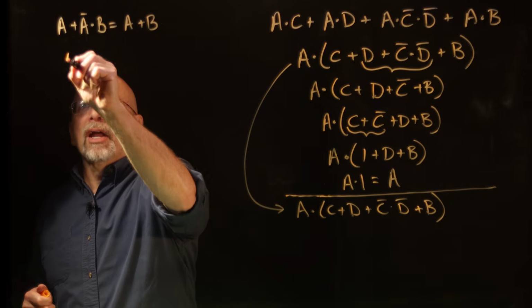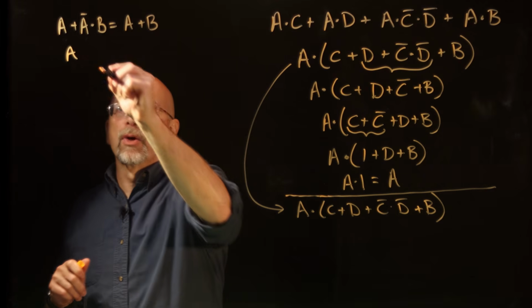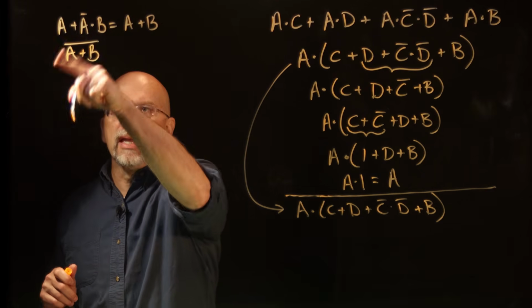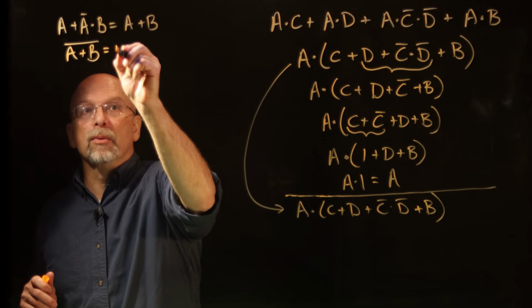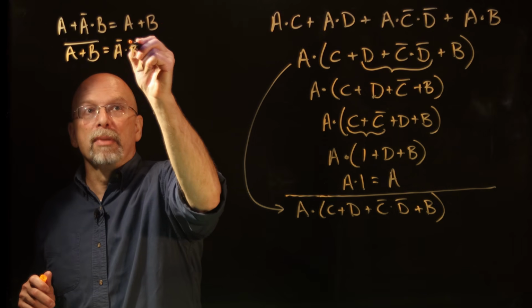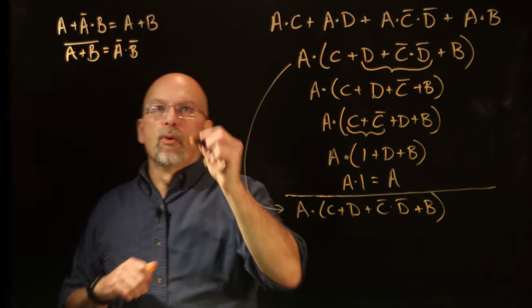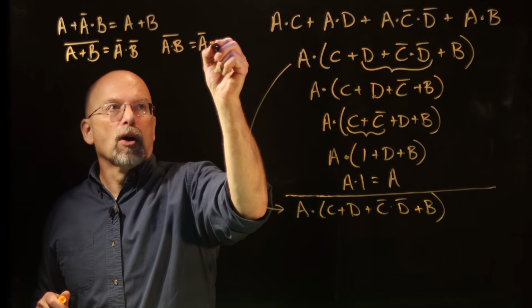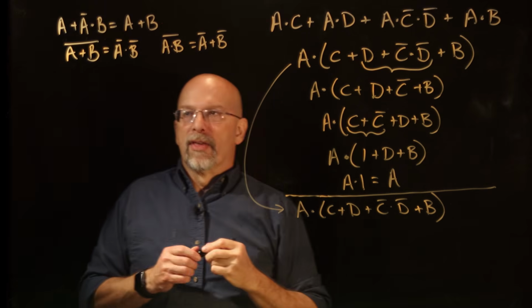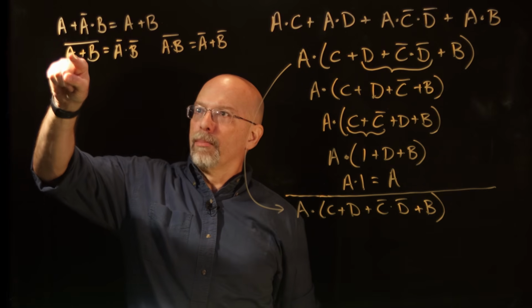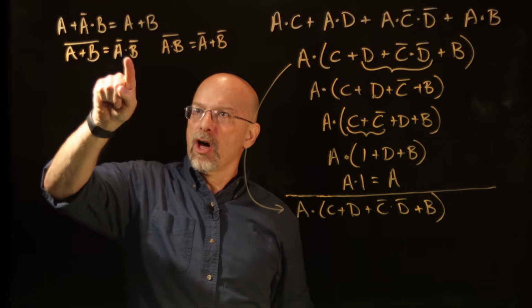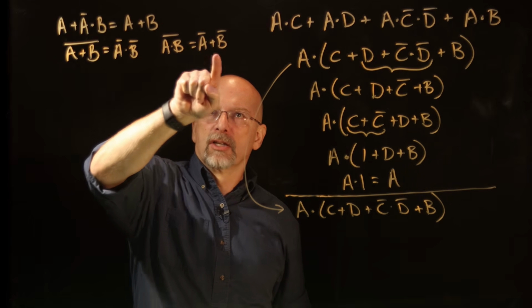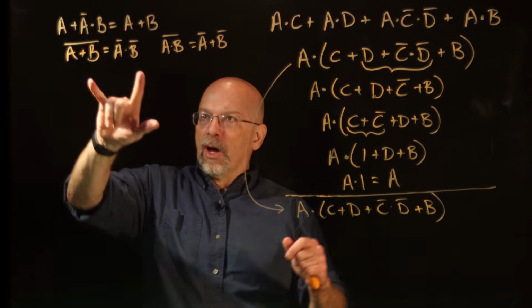Remember, there were two versions of De Morgan's theorem. One said the inverse of A or B is equal to A bar ANDed with B bar, right? The other form said that the inverse of A and B is equal to A bar or B bar. The way that worked was I can distribute the bar to the inputs as long as I change the operation. Well, look at this guy.